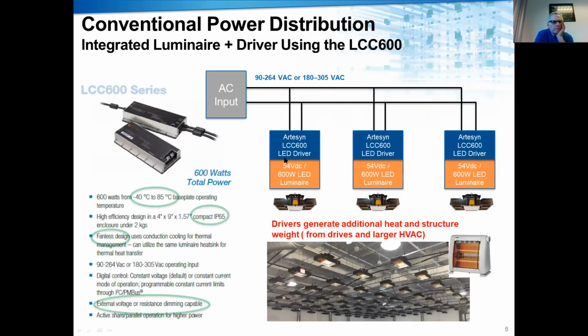If we look at what's being done now, basically every LED chunk, say 600 watt LED lights, has its own driver. That's the typical way it's being done now. We sell drivers, and that's how we started. This was with Spectrum King lights, and we were selling them drivers.